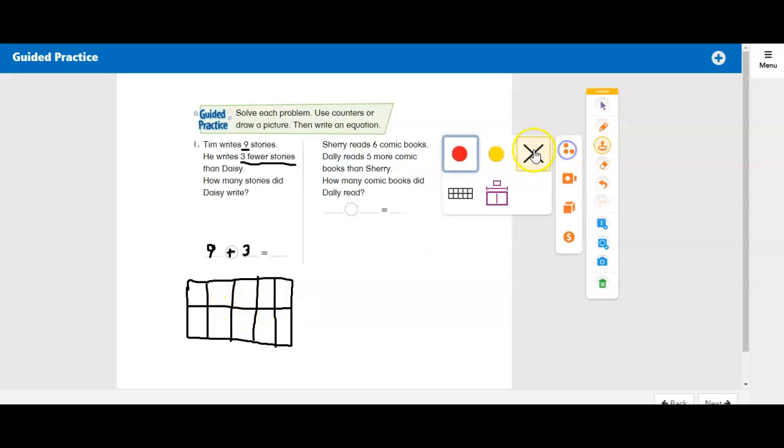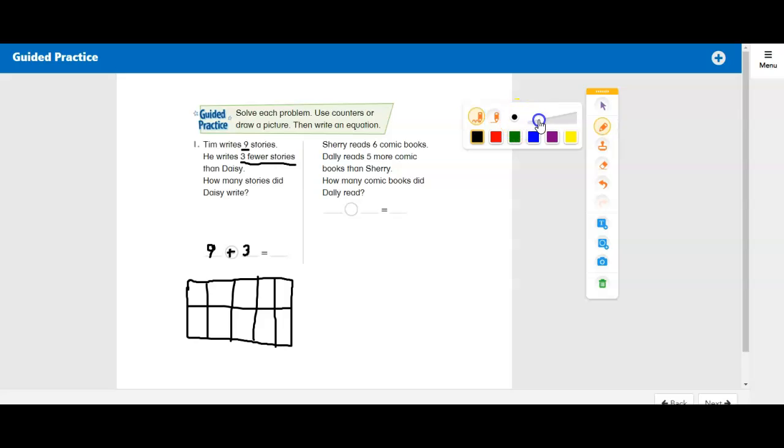So I am going to draw my 9 in my tens frame. So I have 1, 2, 3, 4, 5, 6, 7, 8, 9. And now I need to add 3 more. So I'm going to add 1, 2, 3. So I made 10 by using my tens frame.